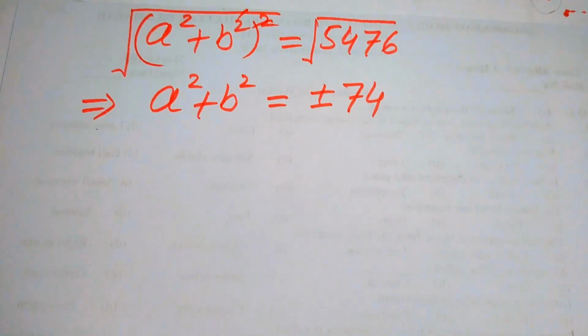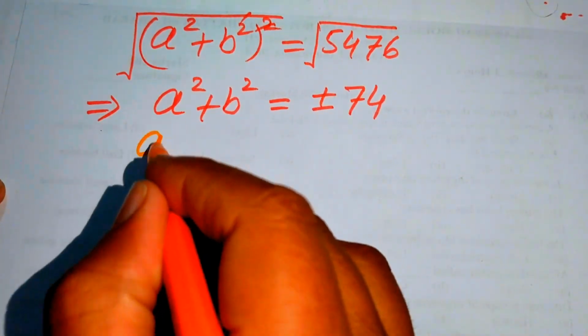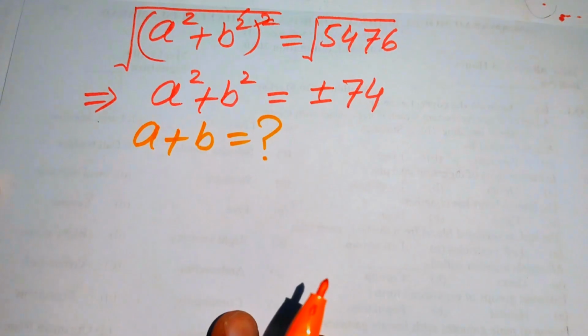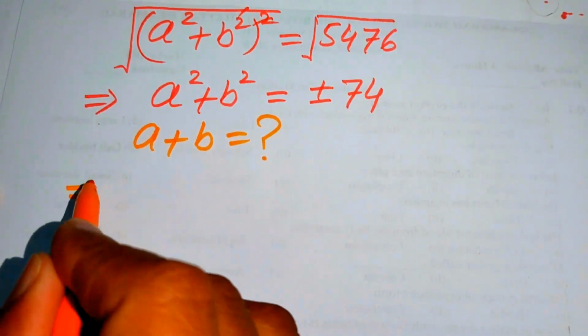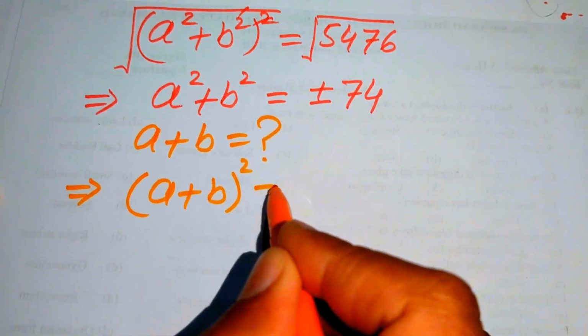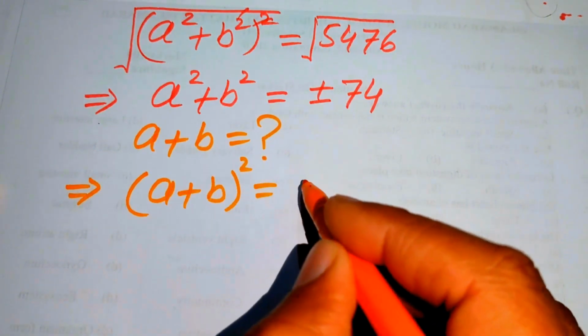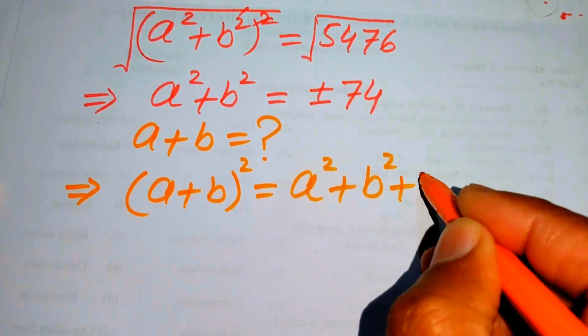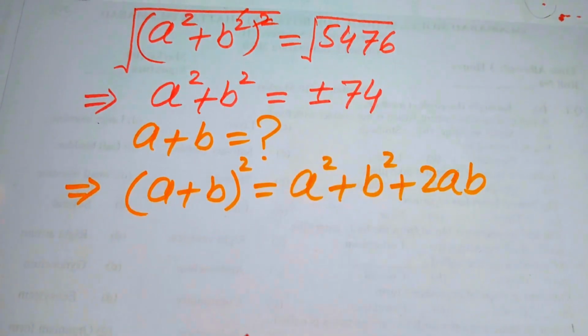a + b. In order to find the value of a + b, we take the square of a + b and write the square identity. If we take the square of a + b, it will equal a² + b² + 2ab.